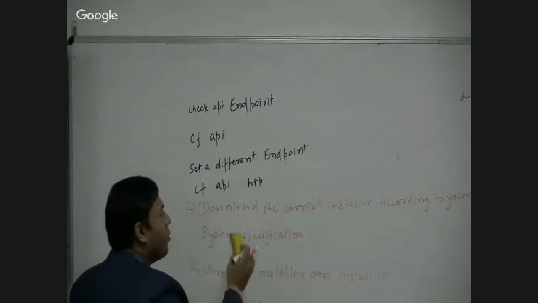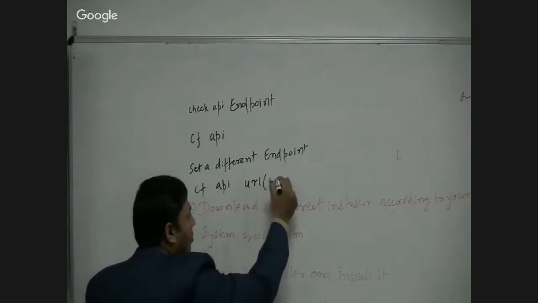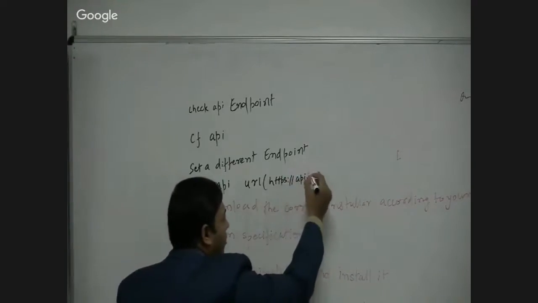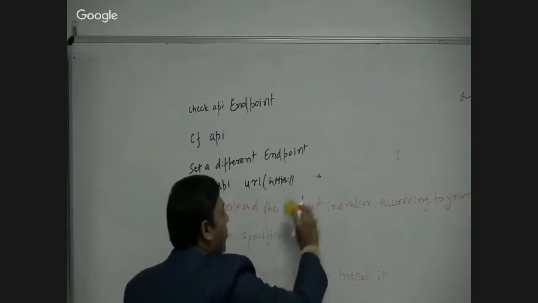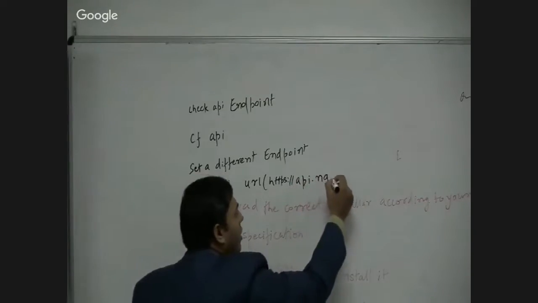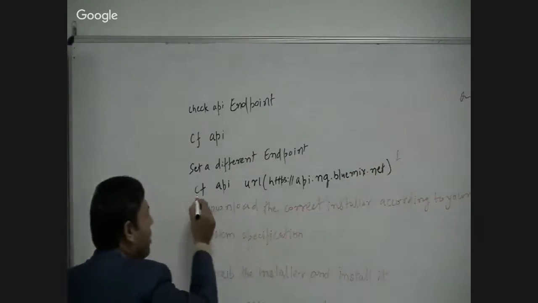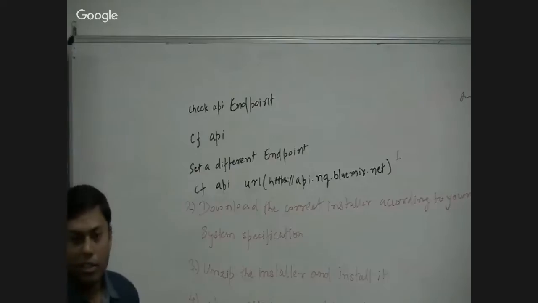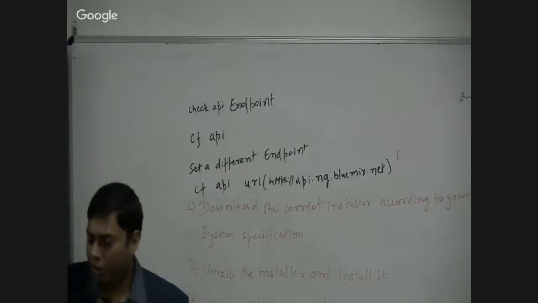I'm just typing here the URL. This is a URL. This can vary. Okay, I'm writing down here ng.bluemix.net. So you have to write cf api and the URL name. It will set the endpoint.